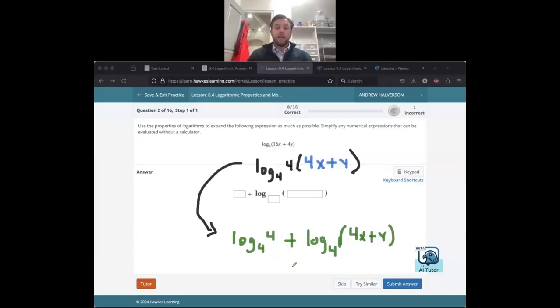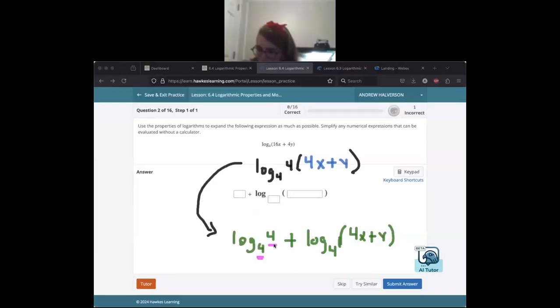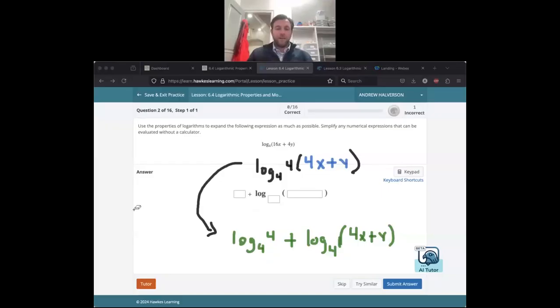Now, can I simplify any further? Look over here. The base and the number, are they powers of each other? What exponent of the base will give you 4? What exponent of 4 will give you 4? 1.